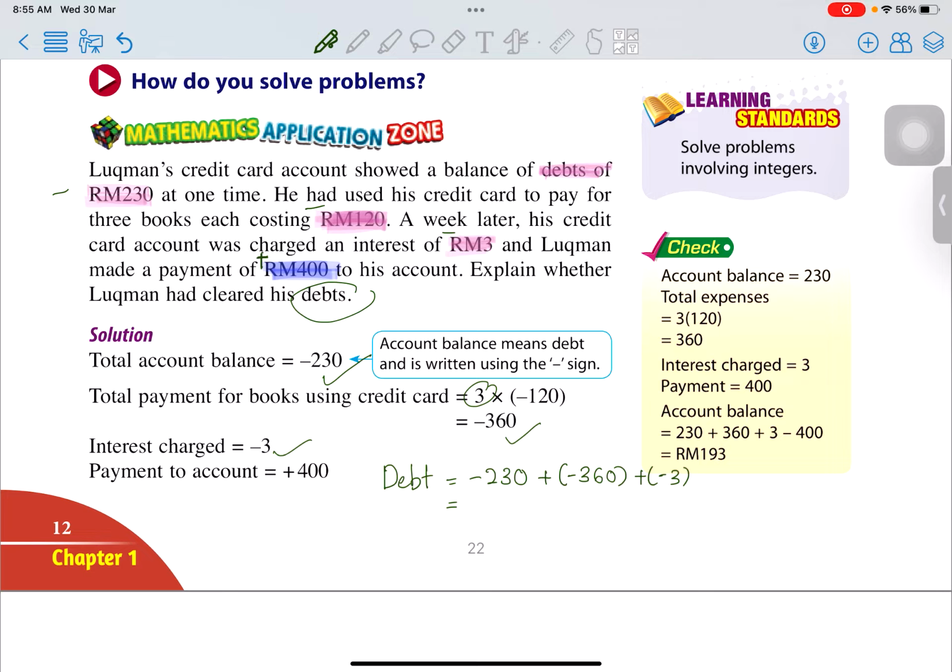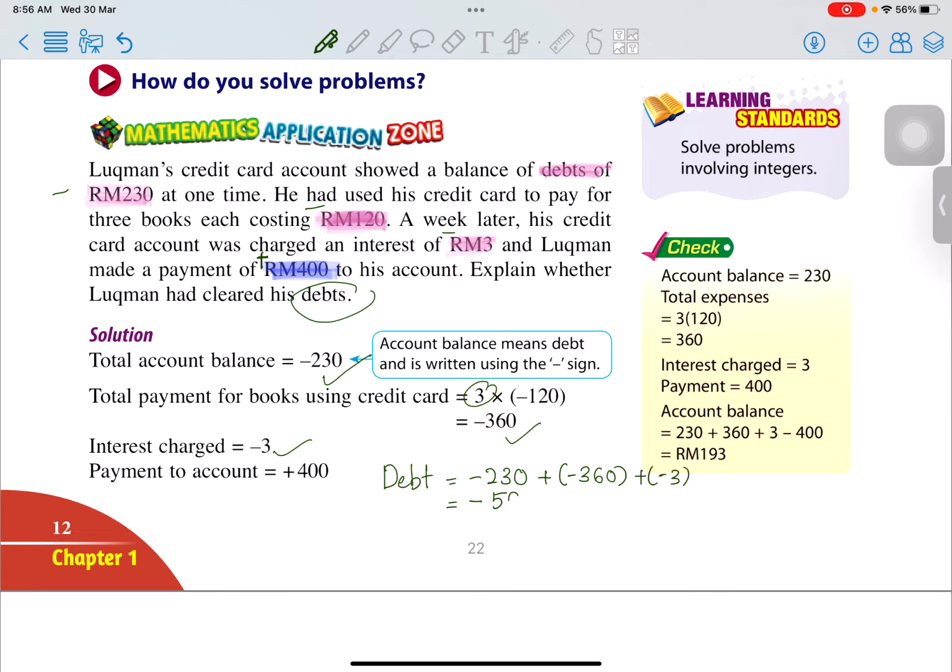Use your calculator to find 230 plus 360 plus 3. That means his debt is negative 593. Negative 593, this is his debt. Now he paid only 400 ringgit.